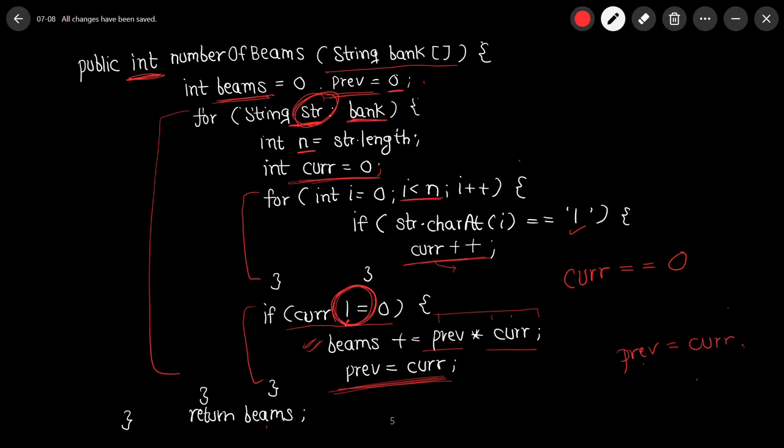So it doesn't make sense to calculate this quantity. If current is itself zero, then the multiplication would definitely be zero. So you only do the addition to the beams variable when current is not equal to zero. And at the end, we return our beams value, which will be storing the number of beams in the bank.